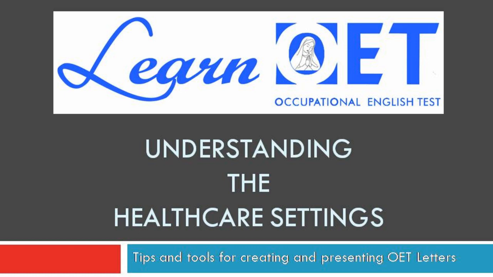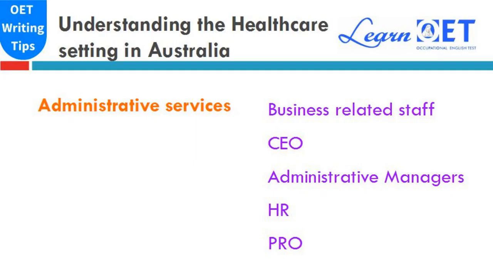So I will start with the hospital organization chart, that is, the different levels of management in a hospital. There are different services within a hospital, as we all know, like administrative services, where people related to the business are working.